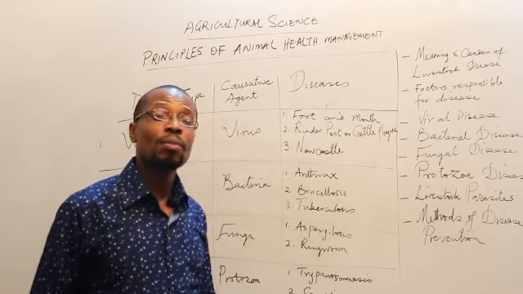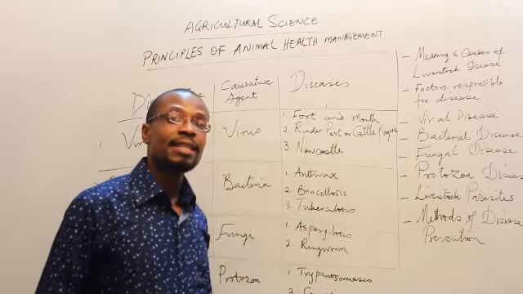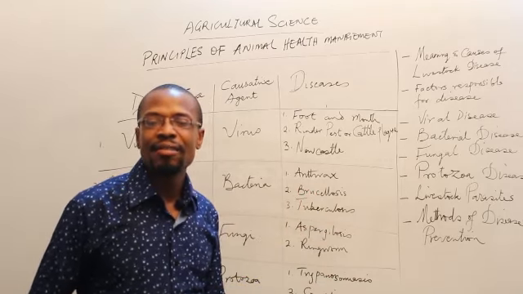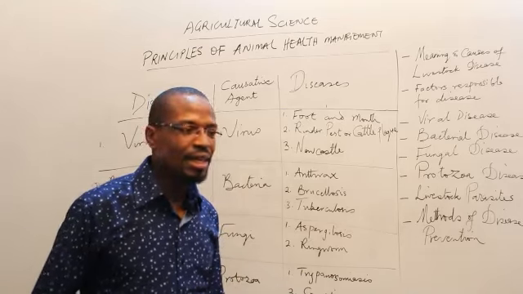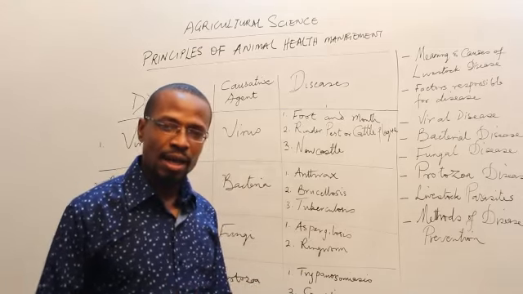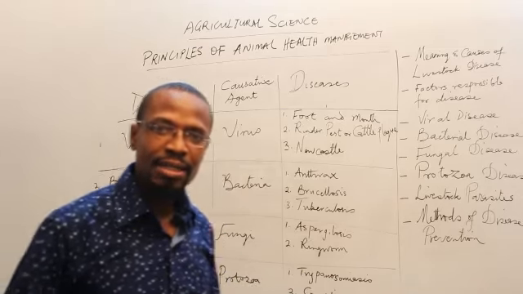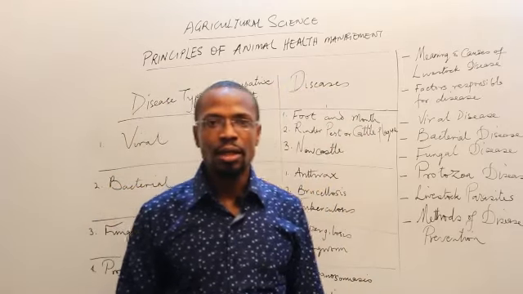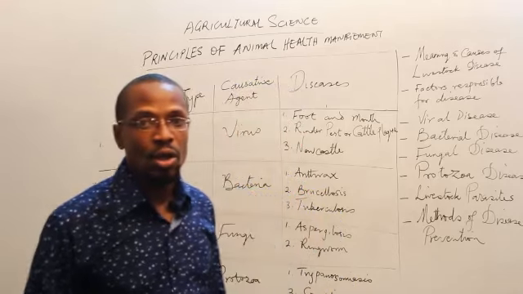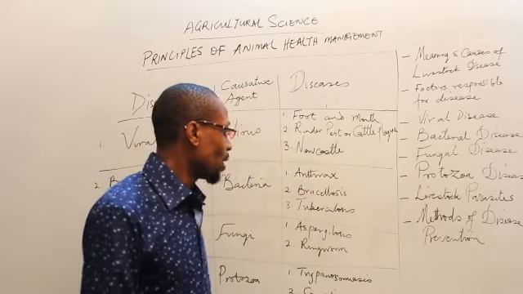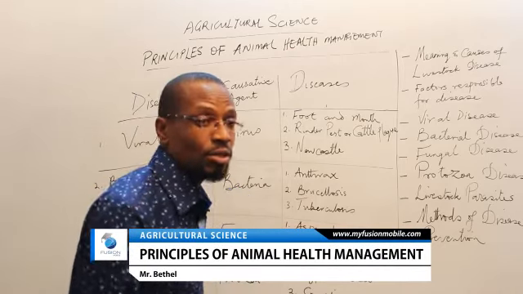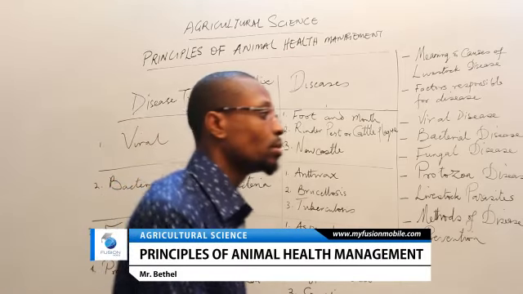The basic symptom of this disease is that the animals miscarry. That is miscarriages. They don't get to carry their pregnancy till the time of delivery. And of course, at the onset of the disease, you start to see the animal wobbles.